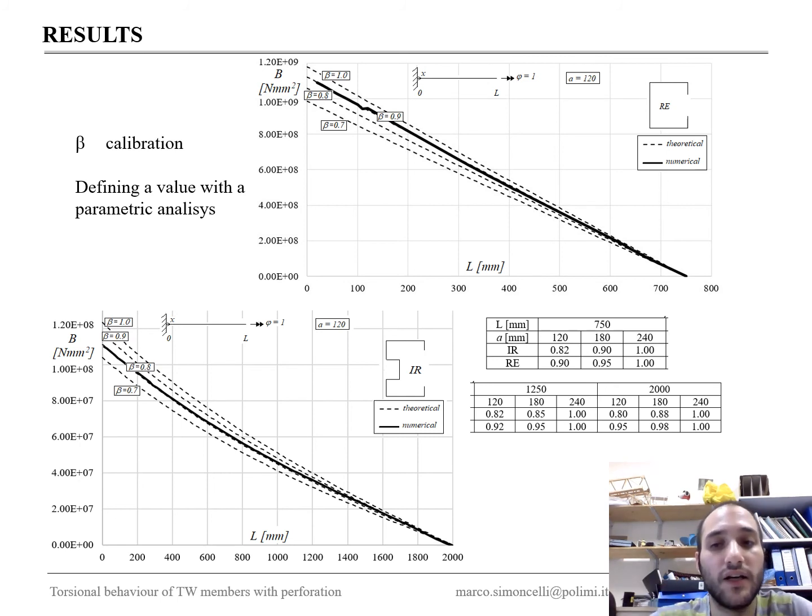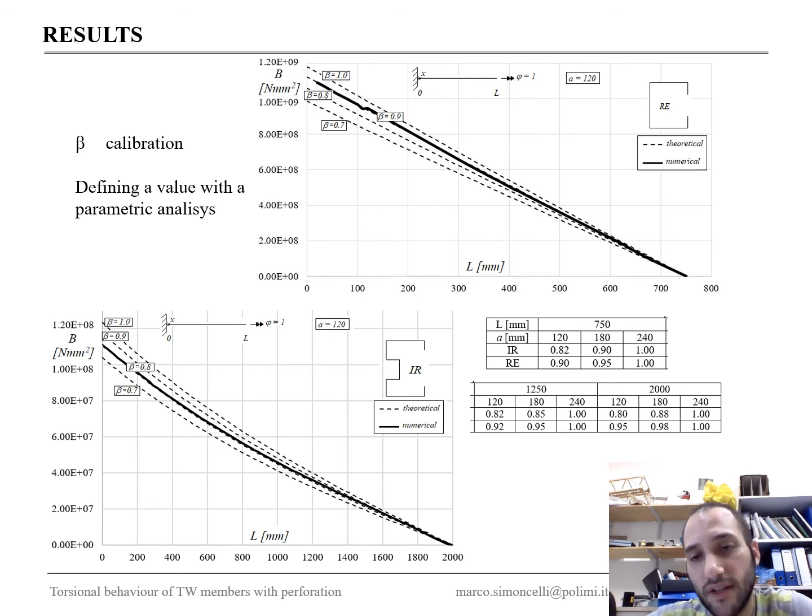Then running the theoretical equation by changing beta from 0.7 to 1, you can see dashed lines. When the dashed line and the solid line overlap, that is the beta that we are looking for. For example, in this case beta was 0.9, in this one 0.8.